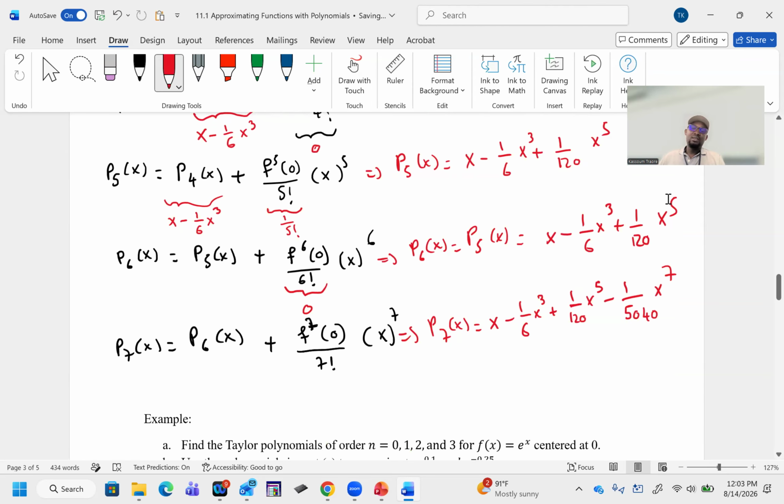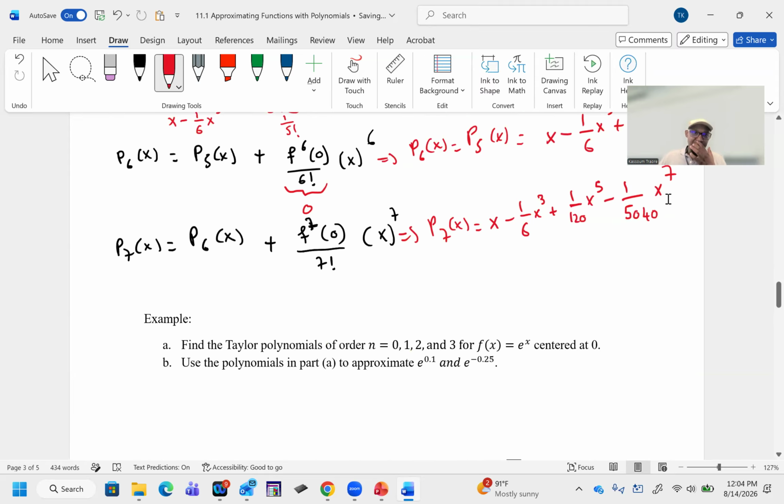Okay, so let's do this example as well. On part A, find the Taylor polynomials of order n is equal to 0, 1, 2, and 3 for f of x is equal to e to the power of x, center at 0.